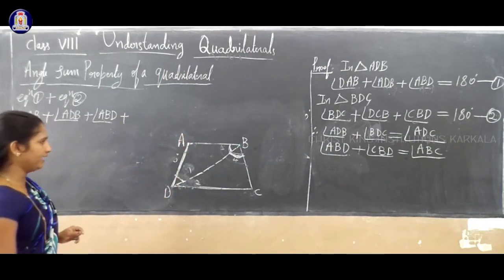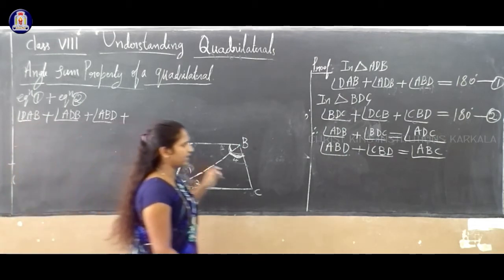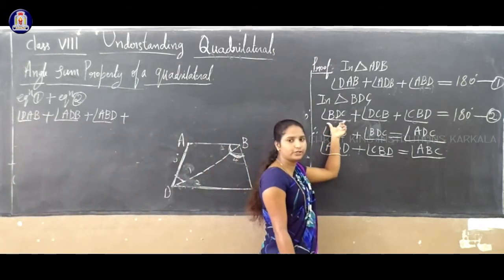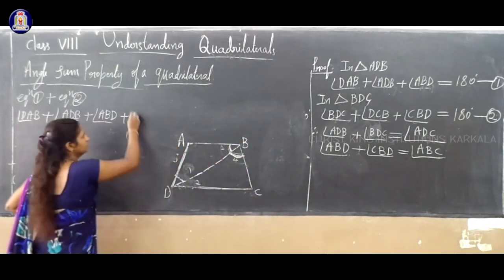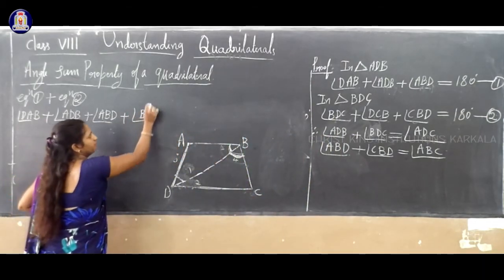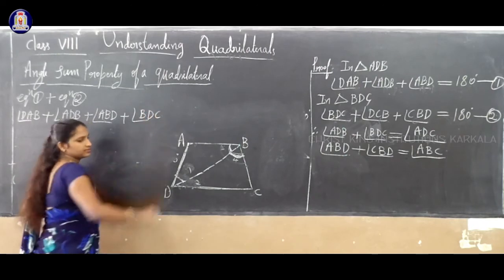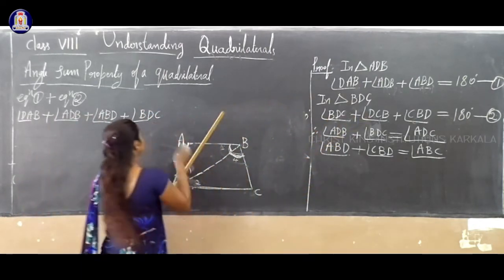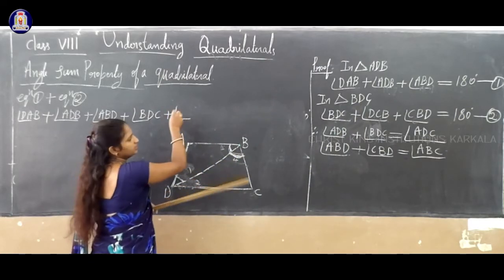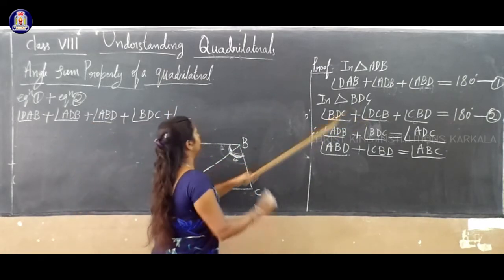Now add equation number 2 left hand side. See the left hand side in equation number 2. Here it is angle BDC plus angle DCB.